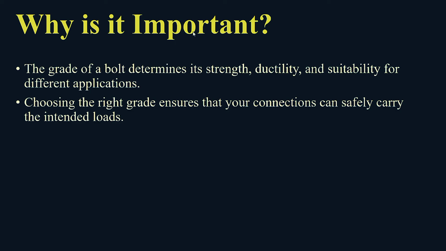Why is it important? The grade of a bolt determines its strength, ductility, and suitability for different applications. Choosing the right grade ensures that your connections can safely carry the intended loads.